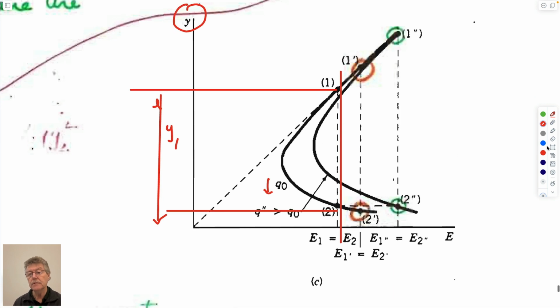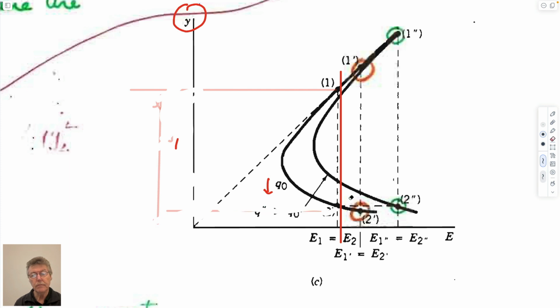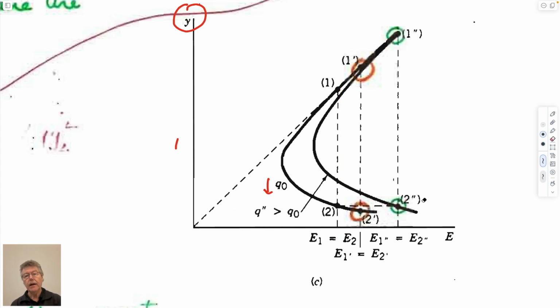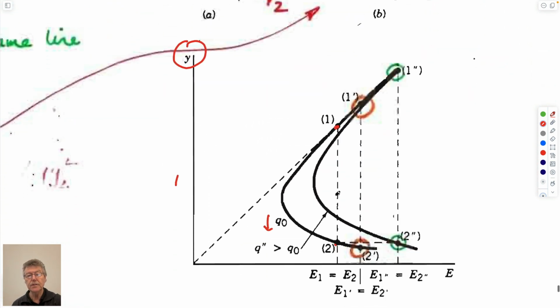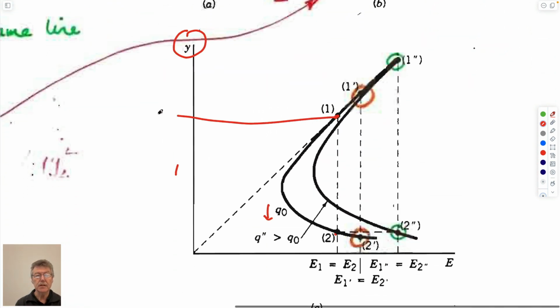And so the games you can play with that would be to do this. So our original plot was this one here from above. This represented us putting in a sluice gate, so I'm just going to redraw it.